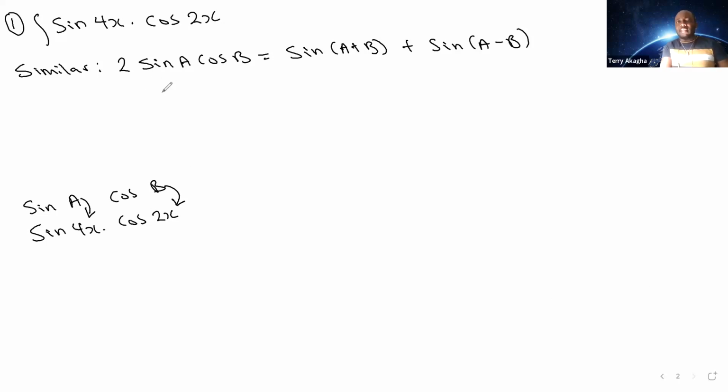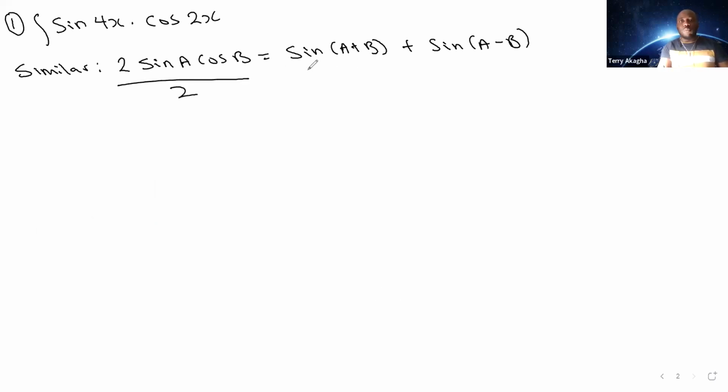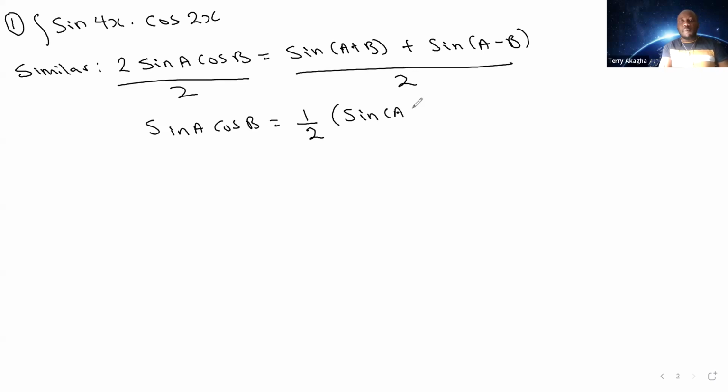But the trig identity we have is for 2 sine A cos B, so what will I have to do? I'll divide both sides by 2. So if I divide both sides by 2, it will now give me sine A cos B equal to 1 over 2 times sine(A plus B) plus sine(A minus B).